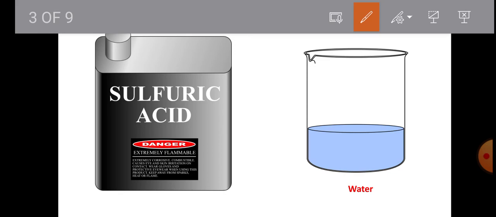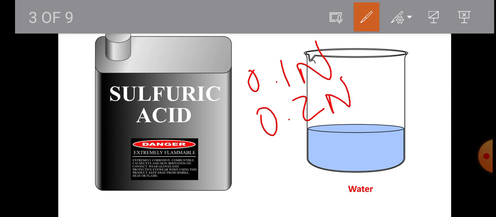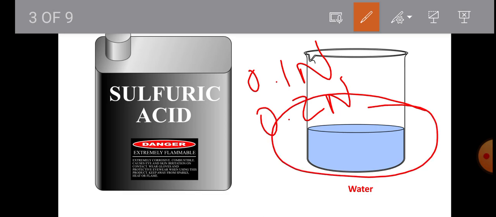Like the laboratory instructor asks you to prepare 0.1 normal or 0.2 normal acid. So, there we will know the solvent plus the acid to be prepared in terms of the given concentration. Let me see the preparation step by step.